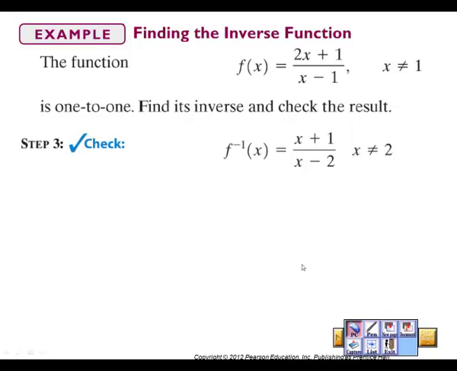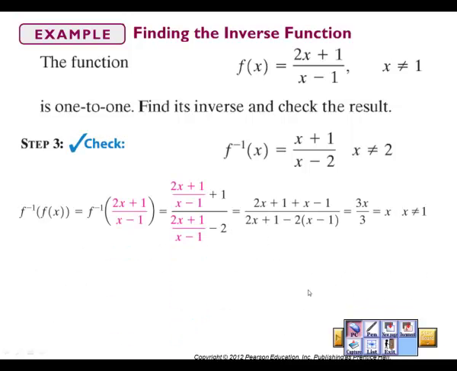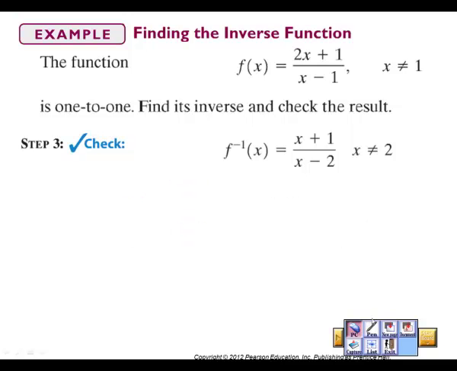Here we're going to use f inverse of f of x. So for the inverse, we're going to cut the x out of each one of those, and then we're going to put the f of x in there, 2x plus 1 over x minus 1. So let's back up for a minute and see what that looks like.